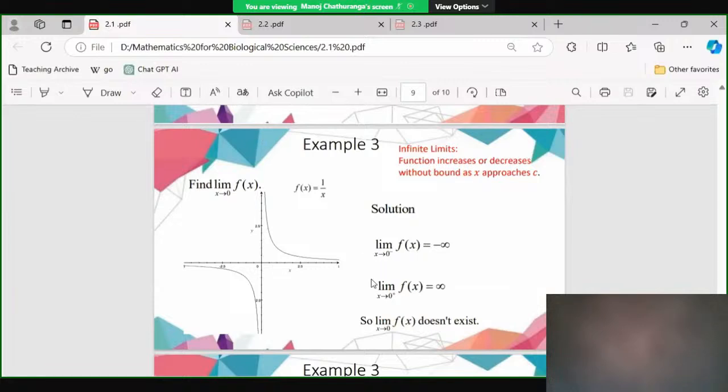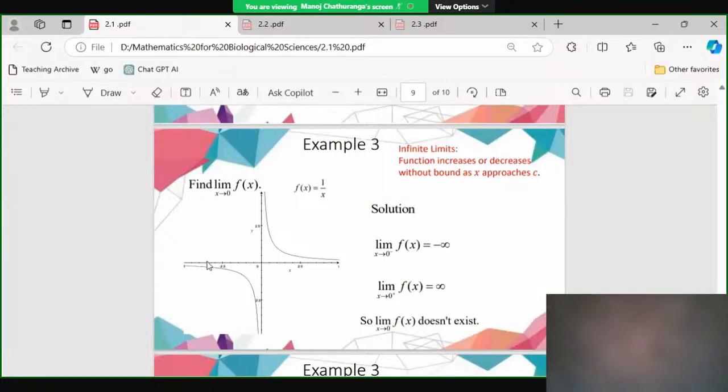So we say, as we go to 0 from the right-hand side, we go to infinity. Infinity is not a number, but it is a symbol. It is a way of denoting that you're increasing with no upper bound. There is no barrier. You keep going up and up and up forever.